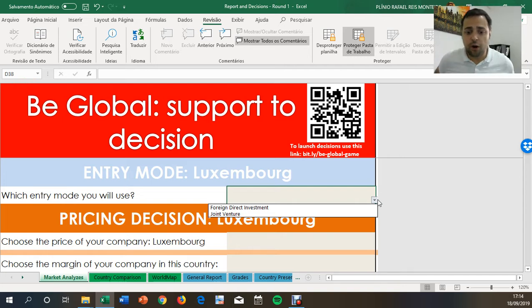So the cost for entering the country will be smaller, and you have more proximity with your customer, and the company will help you invest in local marketing campaigns. But remember that if you have any profit, you need to share 50% of your profit with this company. But if you have losses, you're going to share your losses too.